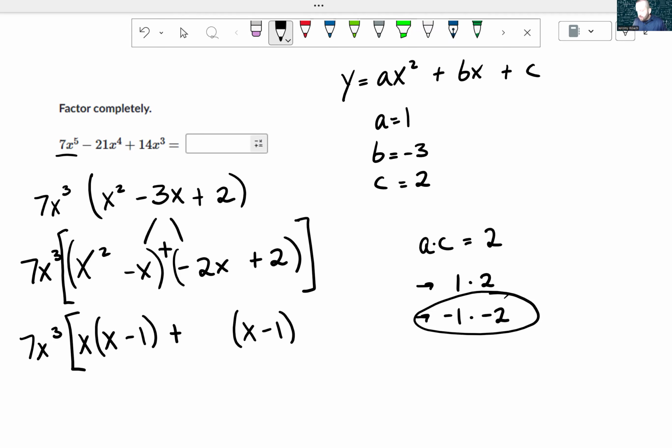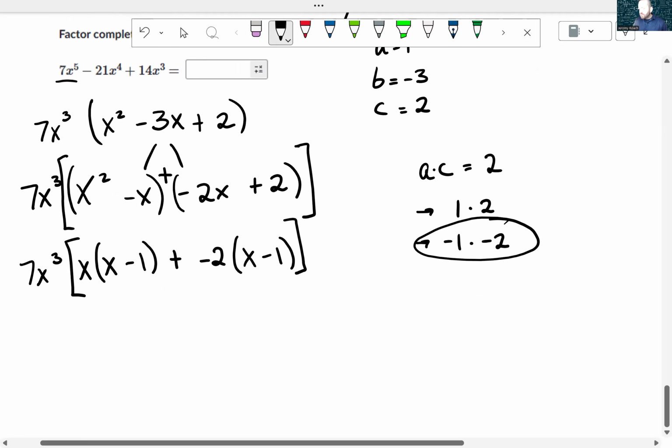We're going to combine them at the end. So now -2x, what times x equals -2x? It's going to be just -2. And we'll check, does -2 times -1 equal +2? It does. So we'll close those brackets.